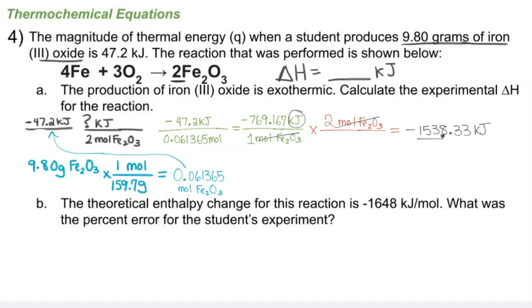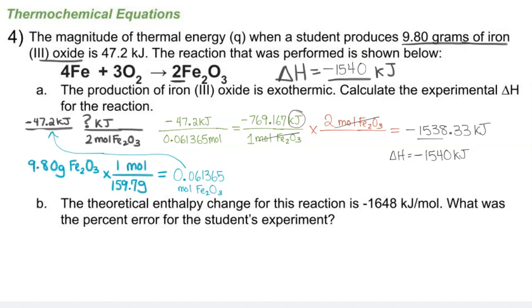So I'm going to round my final delta H value to negative 1540 kilojoules for the reaction. And that's our delta H for the reaction. So I can go ahead and put that next to my thermochemical equation, negative 1540 kilojoules. So that was our experimental delta H value.